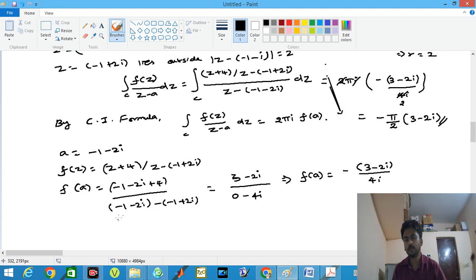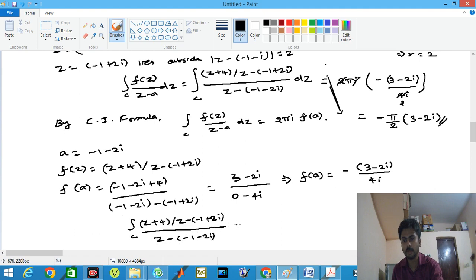So for understanding, I am writing here the solution: integral over c of z plus 4 divided by z minus 1 plus 2i, or you can simply write the question itself, in the next step divided by z minus 1 minus 2i equal to minus pi by 2 into 3 minus 2i.